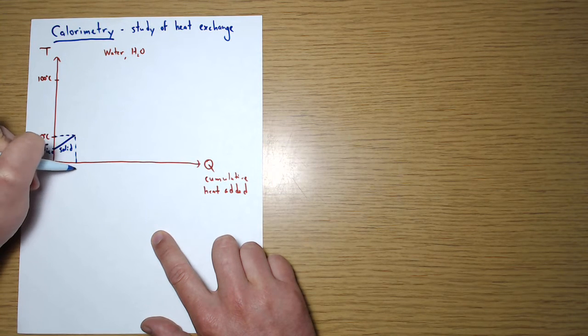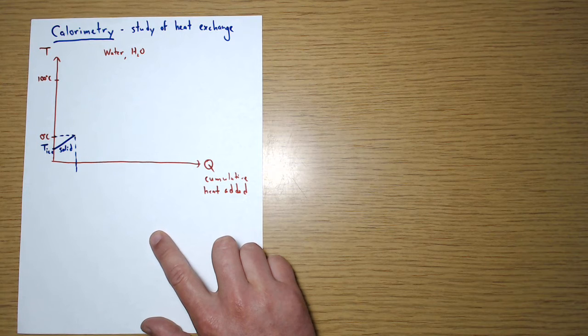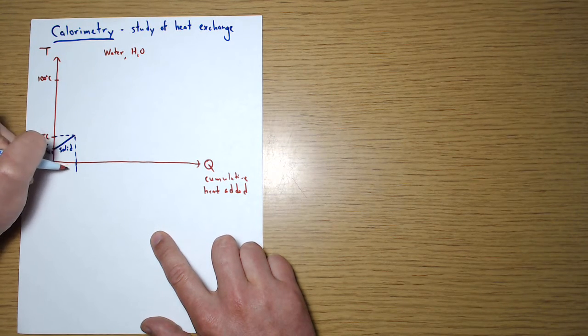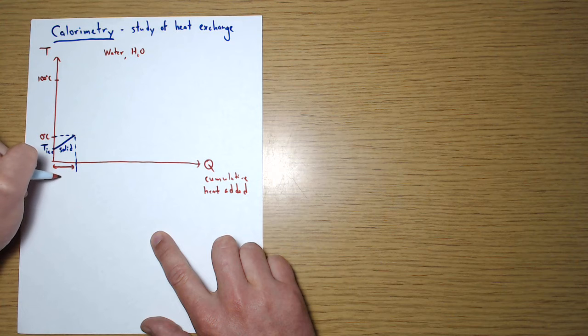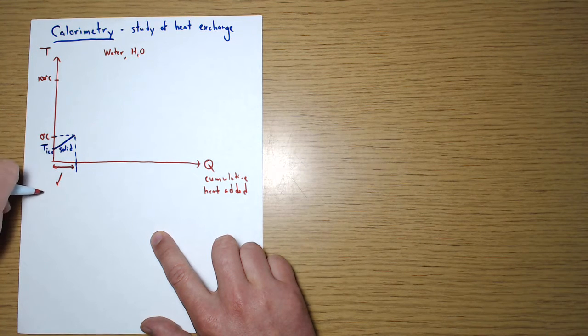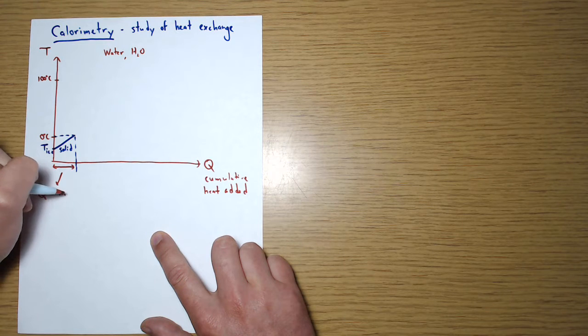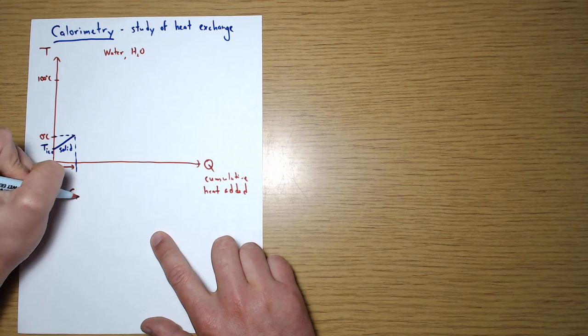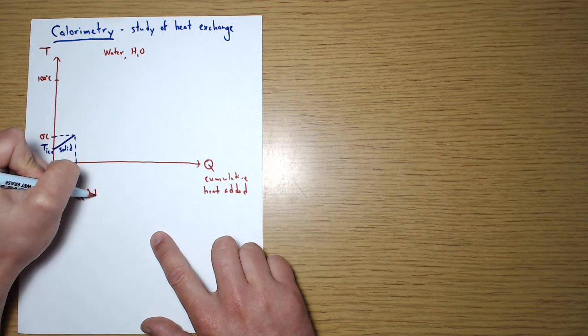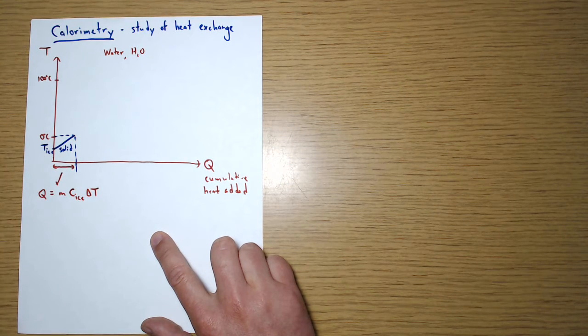Now, how much heat does it take to warm the ice up? What's this amount of heat right here? Well, this amount of heat, Q, is equal to mass times a quantity we call the specific heat of ice times delta T, the final temperature of the ice minus the initial temperature of the ice.